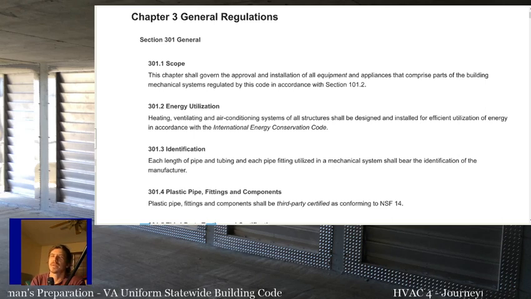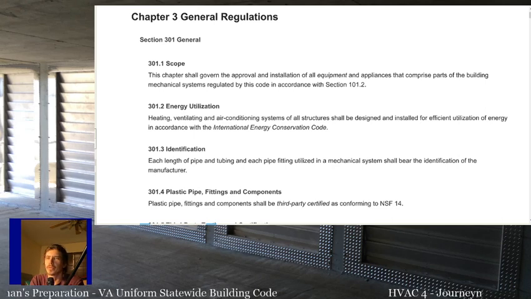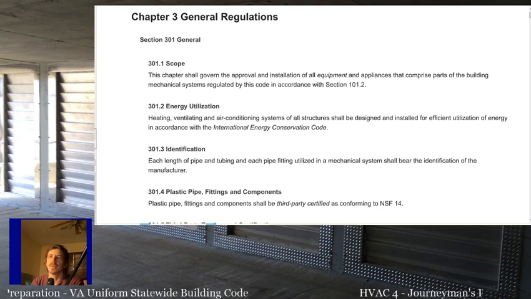So, on definitions on chapter 2, I'm not going over chapter 2 because you should be able to go through chapter 2 and see definitions, but you want to read through all the definitions once because the code will say, that which enables a device, appliance, or equipment to be directly reached without requiring the removal or movement of any panel, door, or similar obstruction. So that would be ready access, right? Basically they just give you the whole definition of ready access and expect you to be able to find that answer.